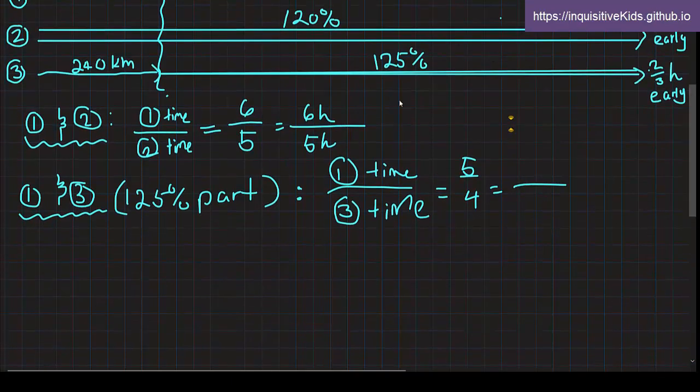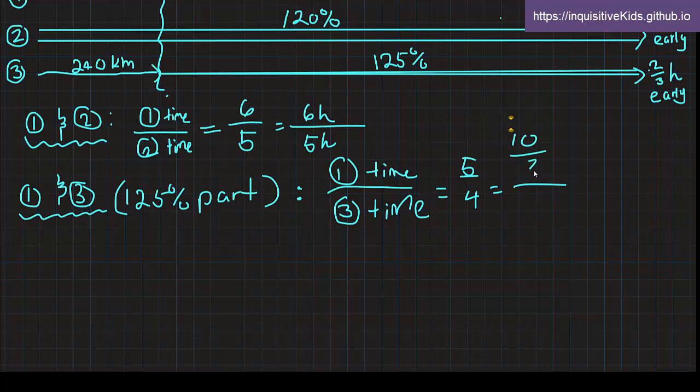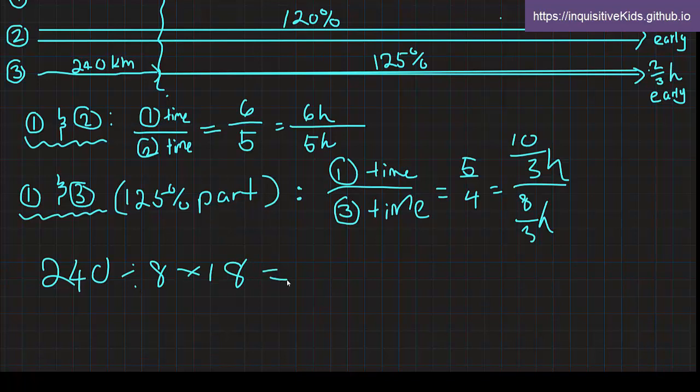If we look at all the multiples of 2/3, you'll see that what works is 10/3 of an hour and 8/3 of an hour. So we have the ratio, we just have to make it correspond to this part right here. Therefore, the total distance would be 240 divided by 8 times 18, which is equal to 540 km. So our final answer would be 540 km.